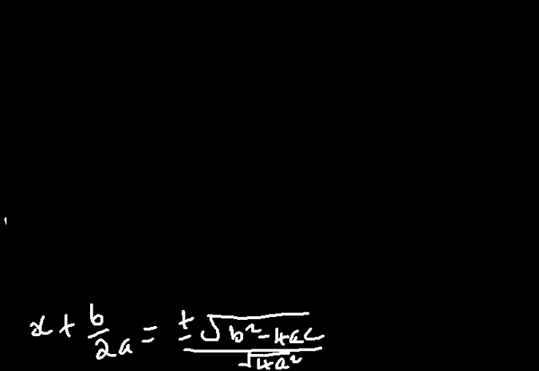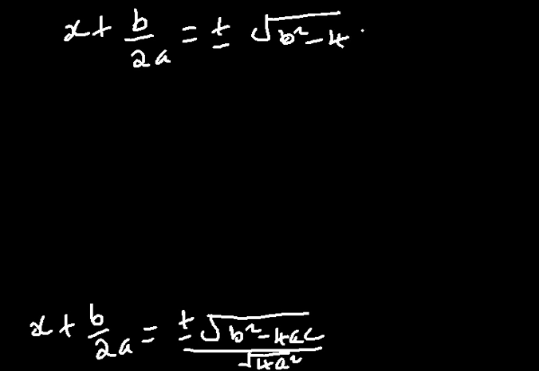Now we'll have x plus b over 2a, which is equal to plus or minus the square root of b squared minus 4ac divided by, and now what is the square root of 4a squared?